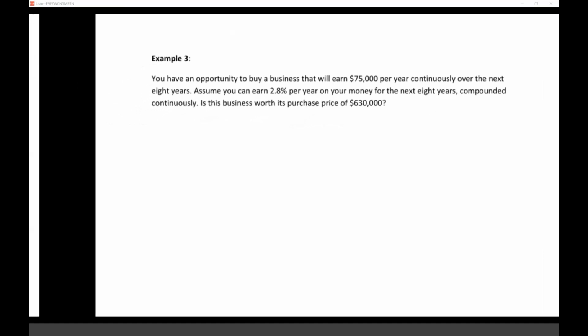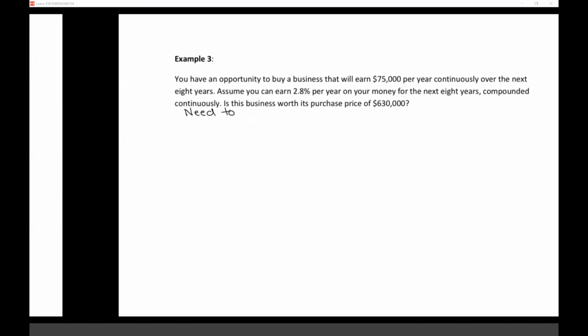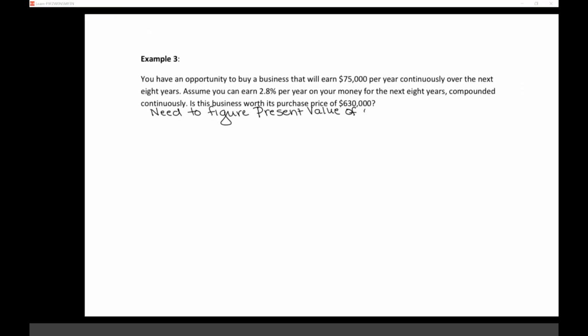You need to figure out the present value of that income stream, because you're going to buy it today. So you're going to need to figure present value of the income stream and compare it to the purchase price.